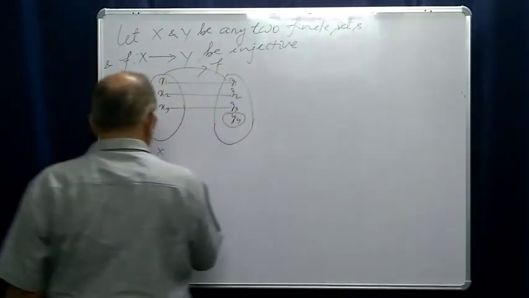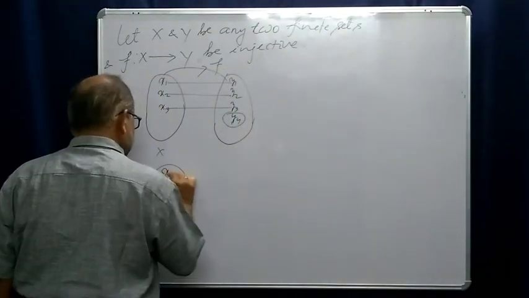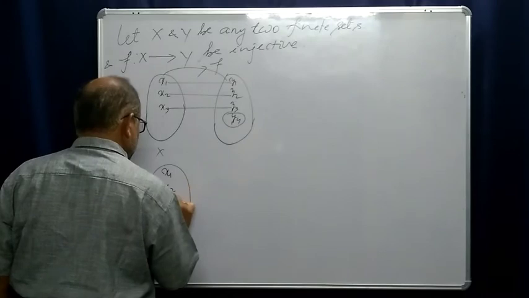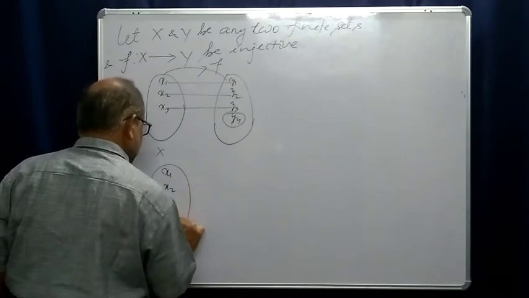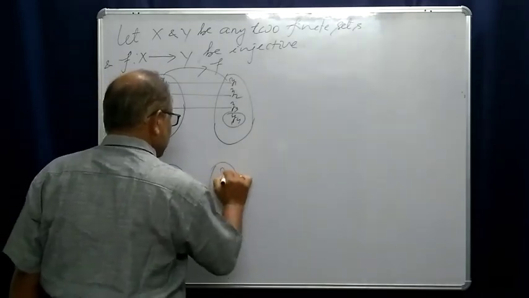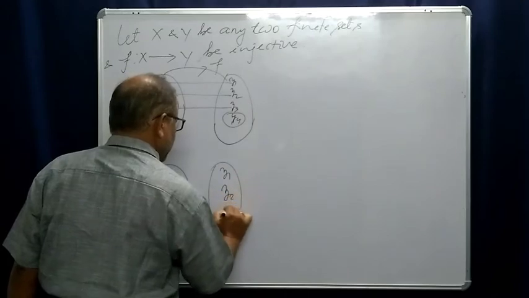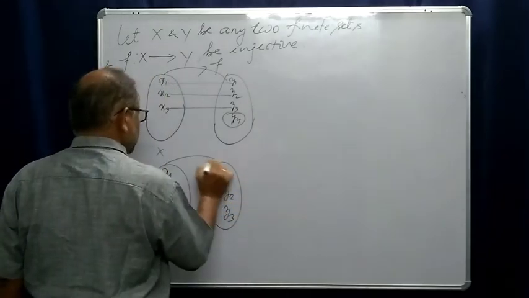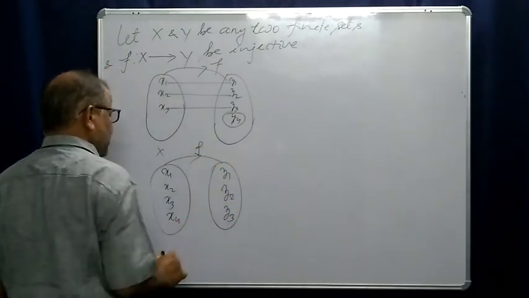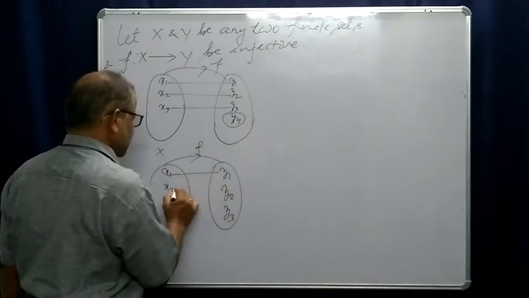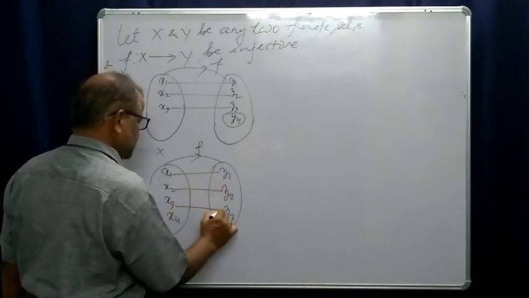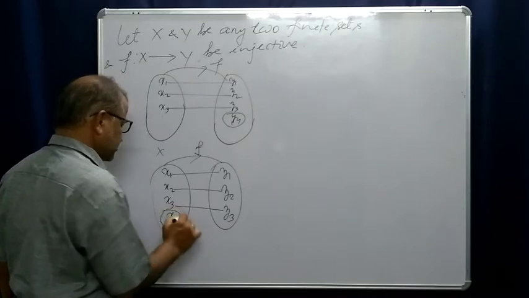But in the reverse case, suppose x has 4 elements, x1, x2, x3, x4, and y has 3 elements, y1, y2 and y3. If you want to find an injective function, you can do this. But what about x4?